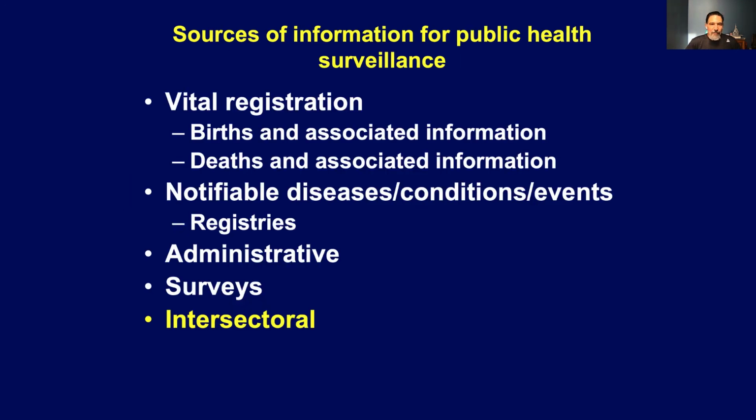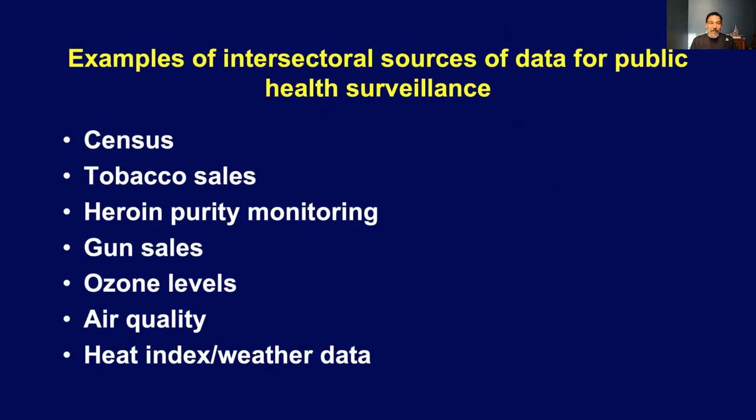Lastly, there are some data sources that are outside of the healthcare system, outside of the healthcare sector, that can be useful for public health surveillance. And so what are some examples of these? Census data, that's something we use all the time in public health. It's not collected for the purposes of public health.